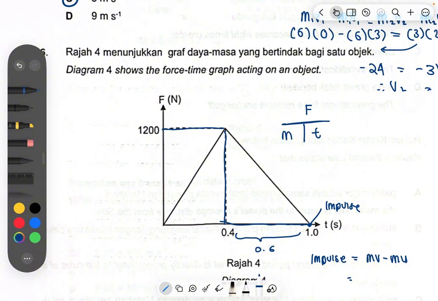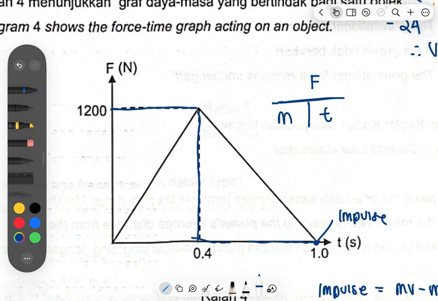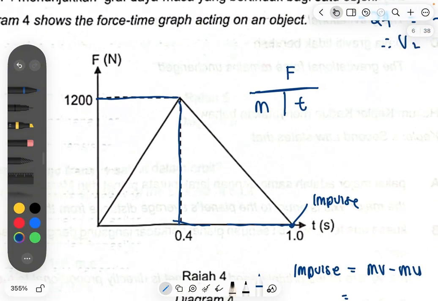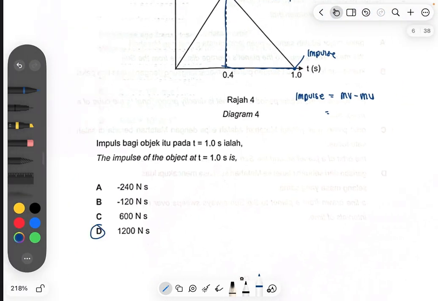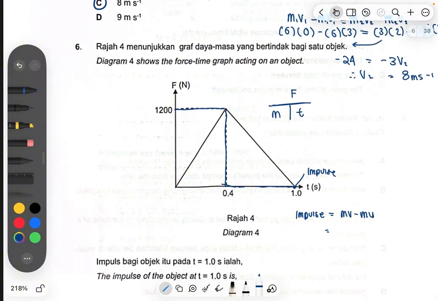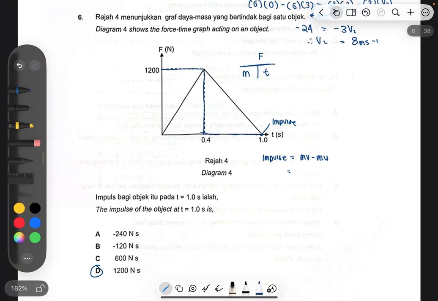Rate of change of momentum is force. Okay then, so this means that we have to find the gradient. So 1200, is it 1200 Ns? Is it D? No, it's not.